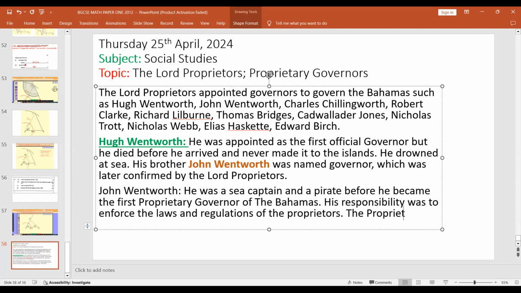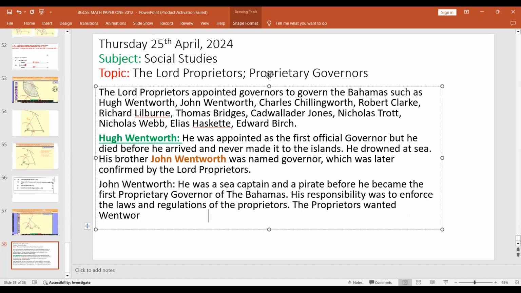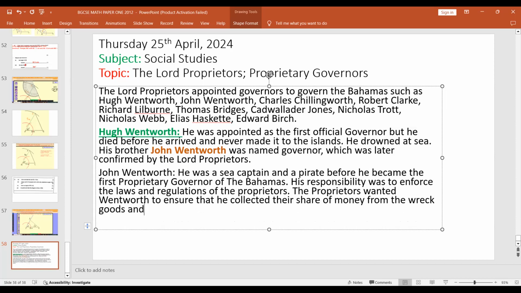So the proprietors wanted Wentworth to ensure that he collected their share of money from the wreck goods and Brazilito wood that the settlers sold.